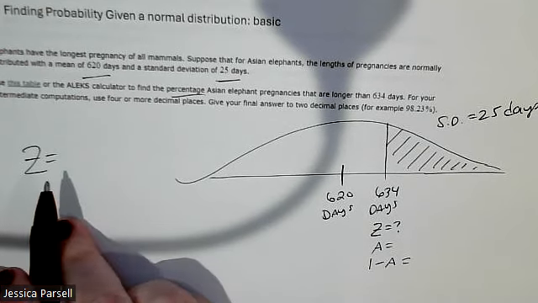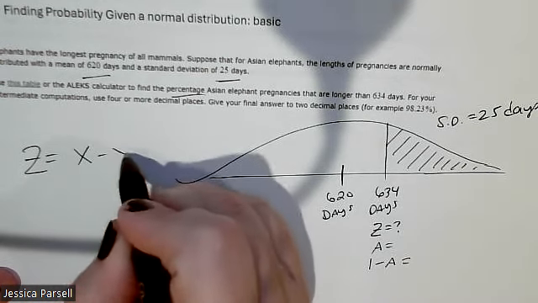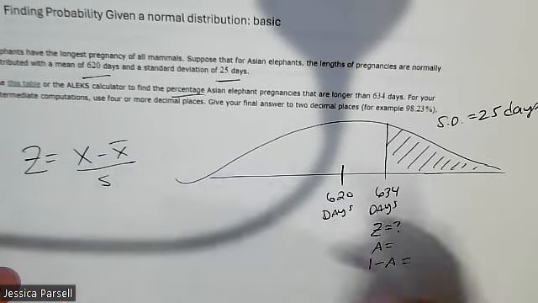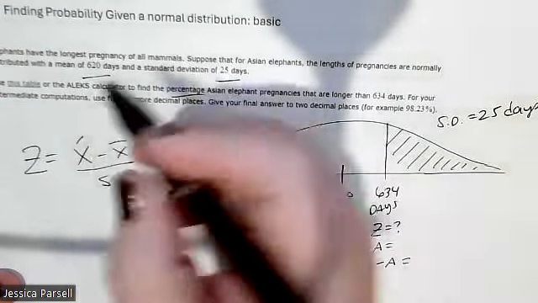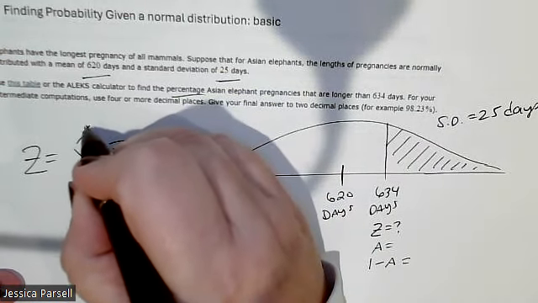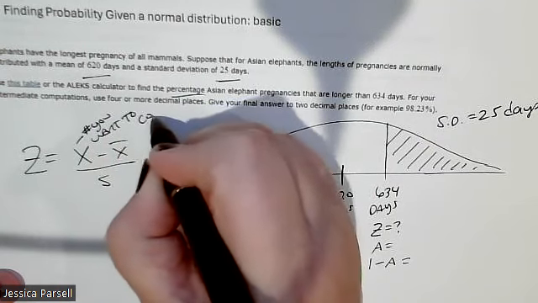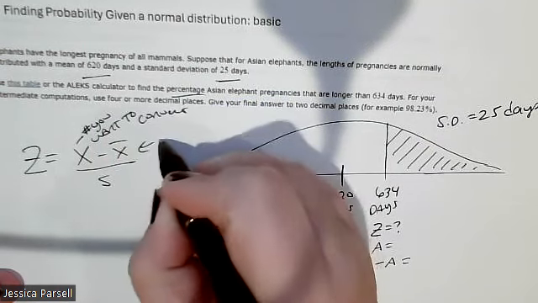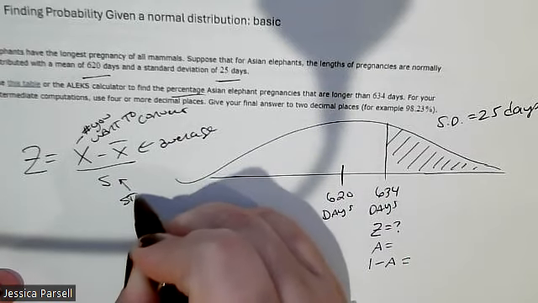So the z-score converter, the easiest way, I think, to write this out is you're going to take x minus x bar over s for standard deviation. So in the video before this last one, this is the number you want to convert. This, of course, is the average x bar, and this is your standard deviation.